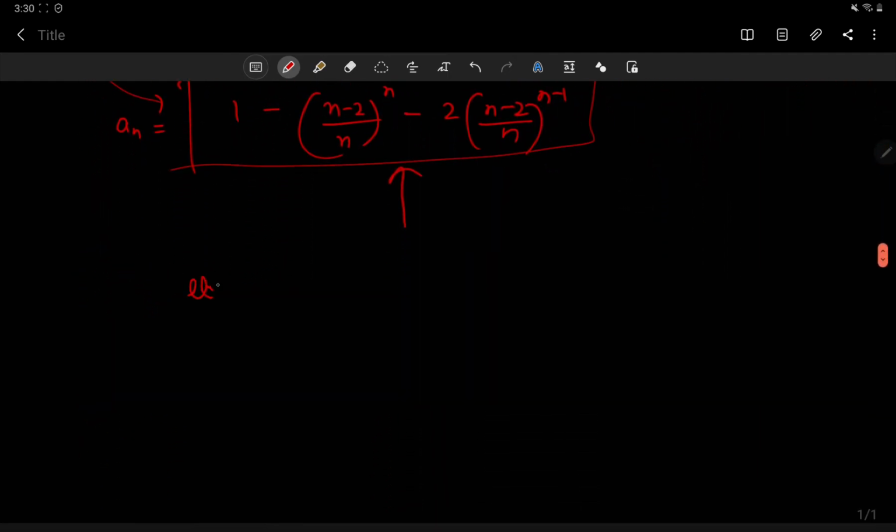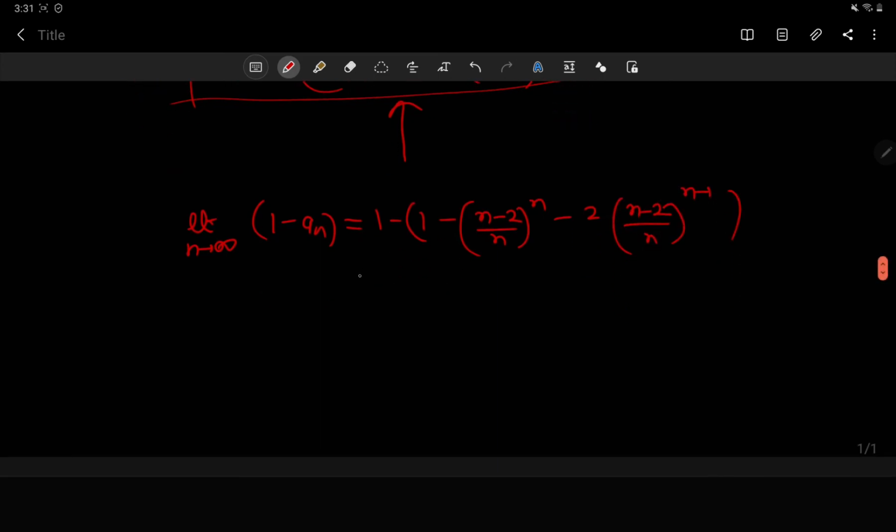So the limit of n tends to infinity, 1 minus an will be 1 minus (1 minus ((n − 2)/n)^n minus 2((n − 2)/n)^(n − 1)). So 1 gets cancelled and the negative sign becomes positive: ((n − 2)/n)^n plus 2((n − 2)/n)^(n − 1), limit n tends to infinity.